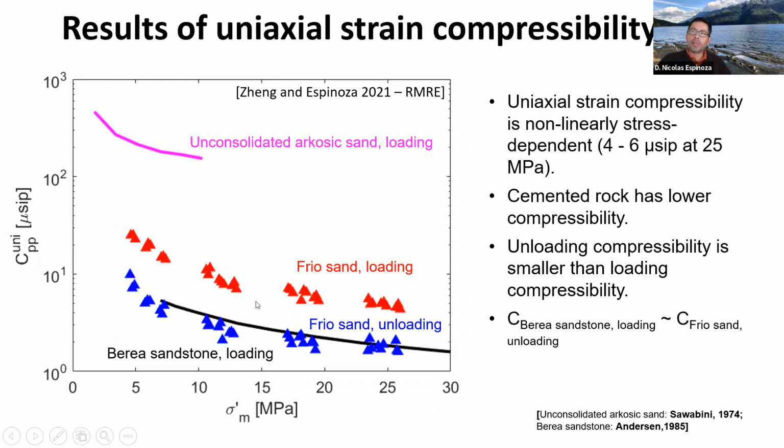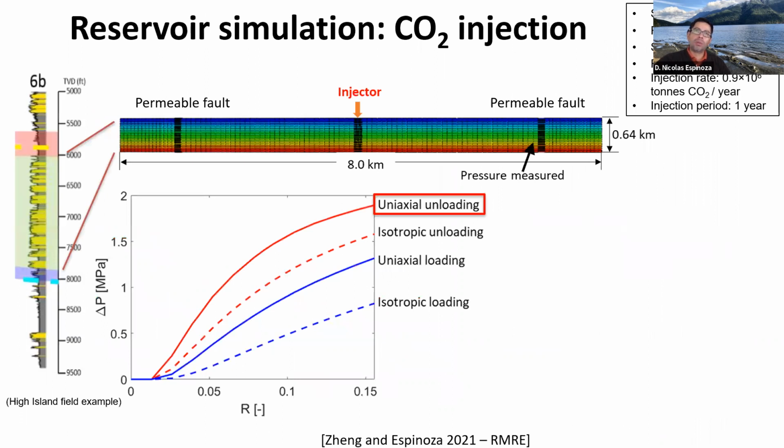And here I have one example which illustrates this concept. In this case, we simulated injection with permeable faults with different types of compressibility. If you were to use the compressibility usually used for depletion, you would predict in this particular case an increase of the pressure in the reservoir of about 1 megapascal or 140 psi.